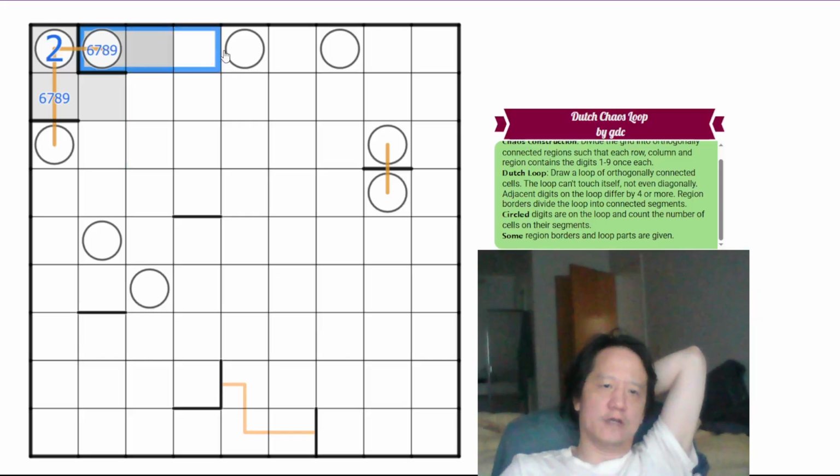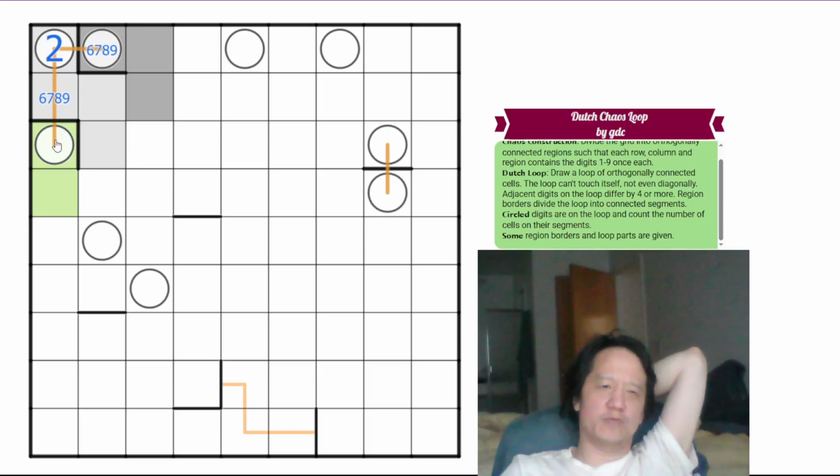So again, can't go straight here. That's only 3 in size, and then this has to be a separate segment. So it must go here, which means this must go here, which means this must go here. So this is a boundary.